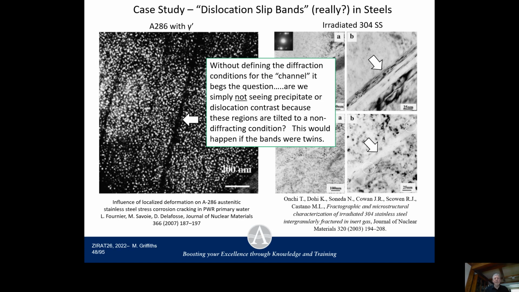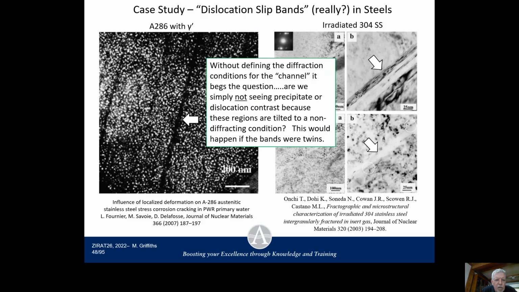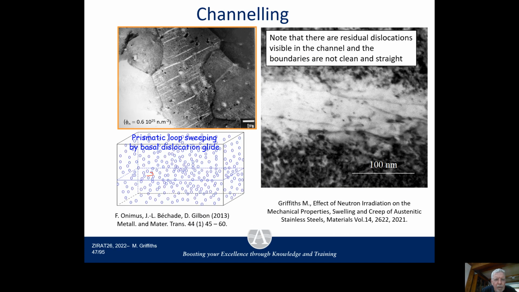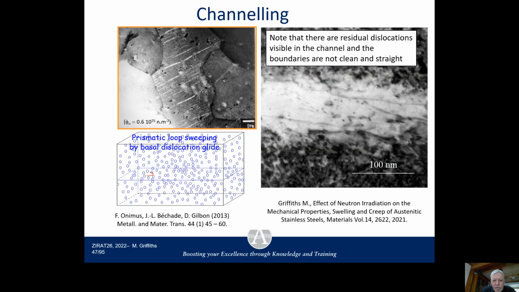So this leads me to something I'd like to point out, and that is twinning. What happens if you get twinning in these situations? I've just shown you how dislocations gliding through a material can soften it and create these channels, but they're ragged, and you can see dislocations there.